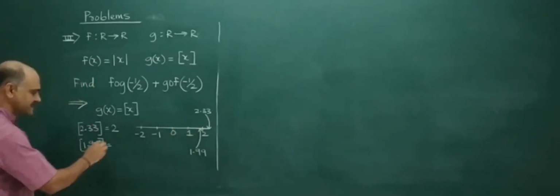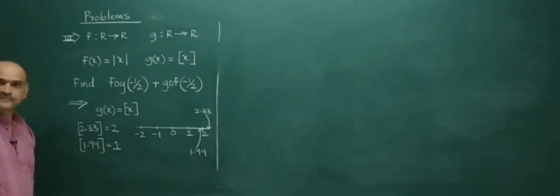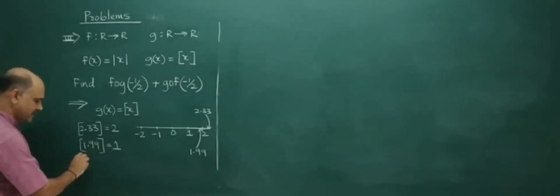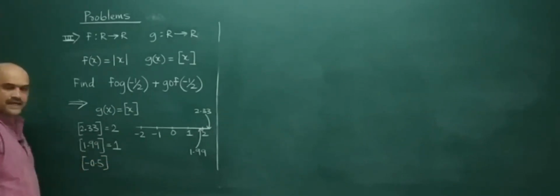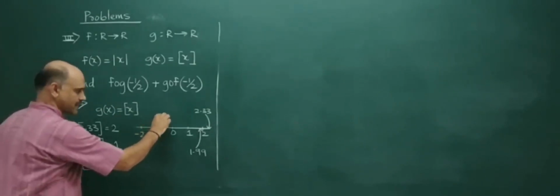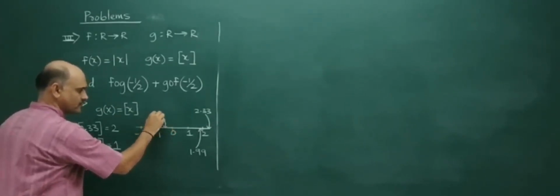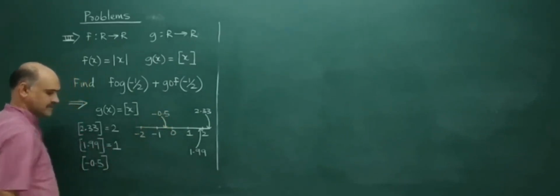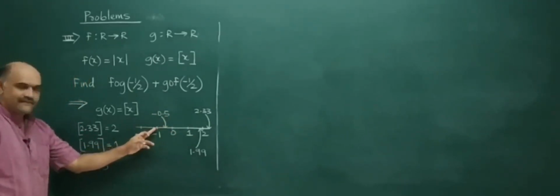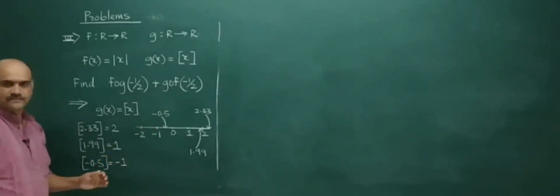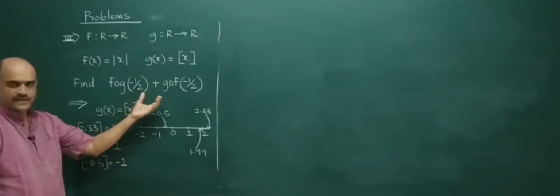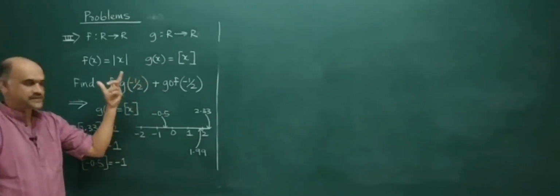So its answer will be 1. Similarly, if it is minus 0.5, you will have minus 0.5 over here. The integer to its left is minus 1, so you will have minus 1. Clear, students? Okay. Now we will solve these two.